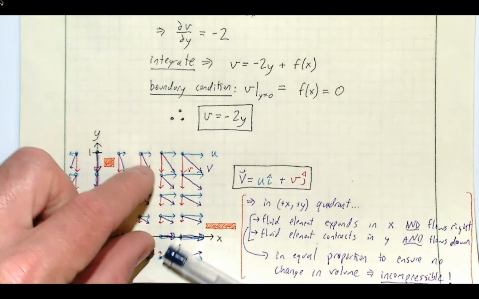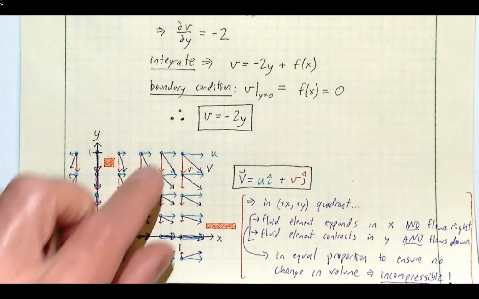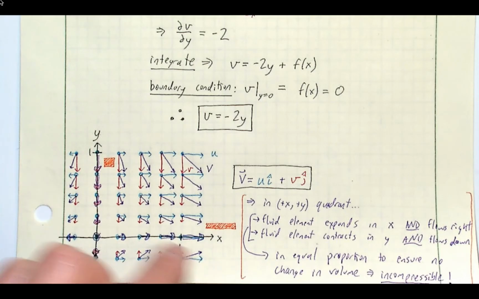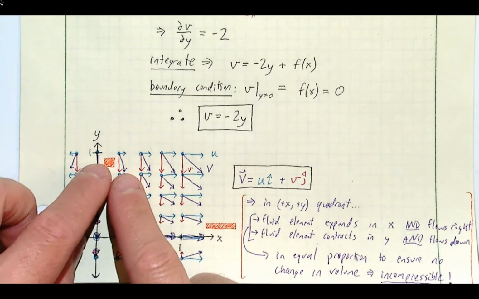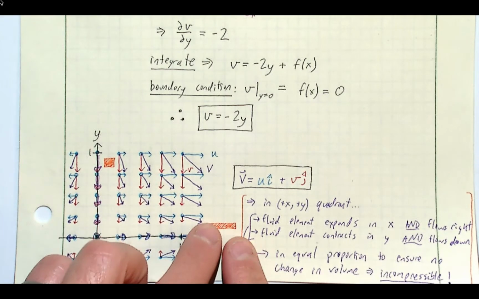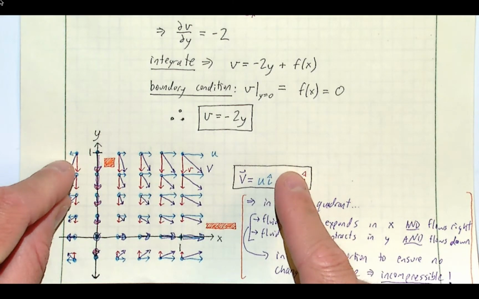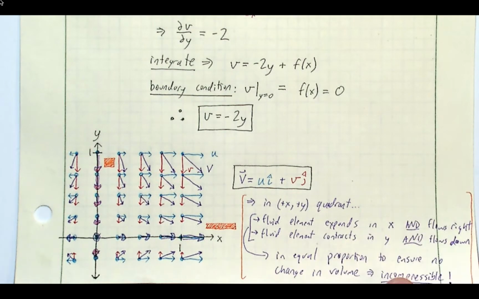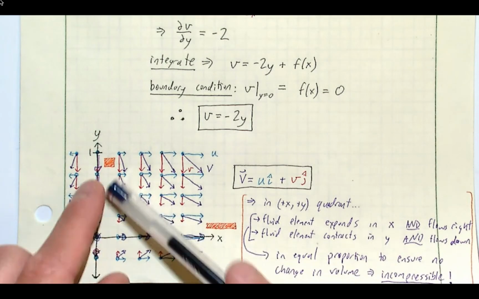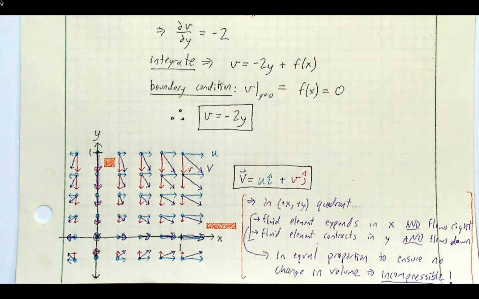So therefore, it's going to be compressing in the y direction as we get closer to the x-axis. So as the fluid particle moves from this place to this place, it's expanding along x and contracting in the y direction in equal proportion to assure we have an incompressible flow. All right, so the total volume, the total area in this case, of this fluid element can't change.